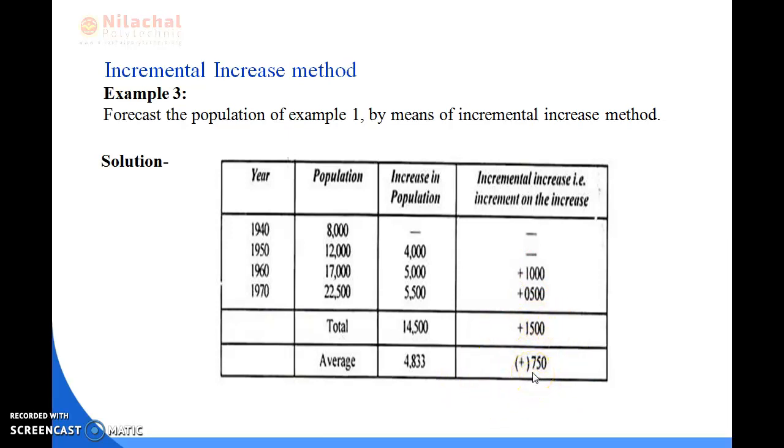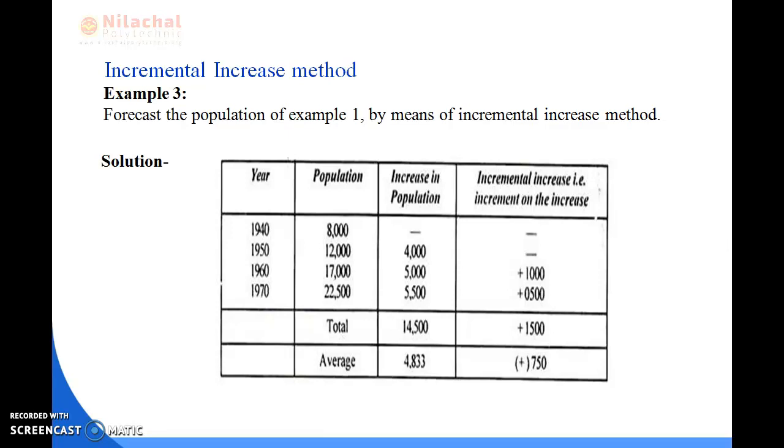So we can say IA as x and IC as y. All of you know IA and IC. IA means the increase in population, and IC means the average of the IA.